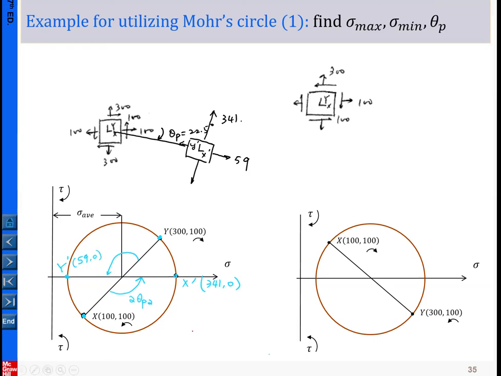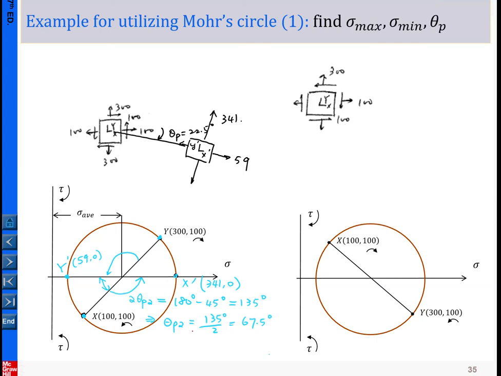Okay, and what is 2 theta p2? 2 theta p2 basically is 180 degrees minus this angle. That angle equals 45 degrees, as we picked up from the previous calculation. So that is 135 degrees. So in this case, theta p2, the second principal direction, is equal to 135 degrees divided by 2, that is 67.5 degrees.